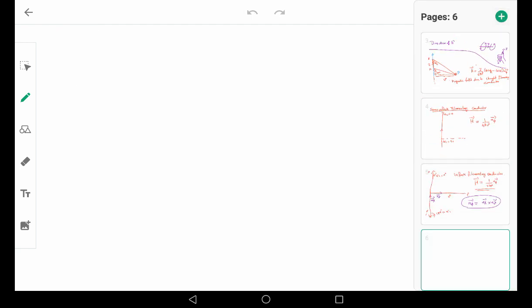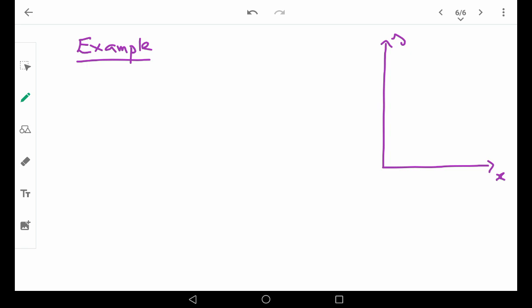Now, we'll do a simple problem for this particular thing. For example, I have the example. This is the x direction, a two-dimensional problem you have, and this is the y direction.